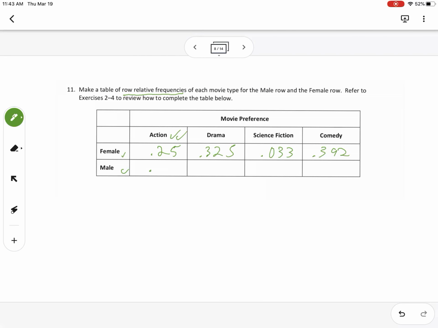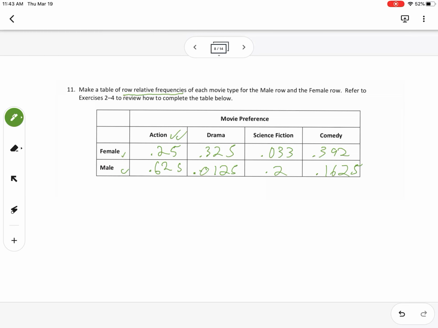And that would get me 0.625. And then using the same equation, this would have been the rest of my row frequency.